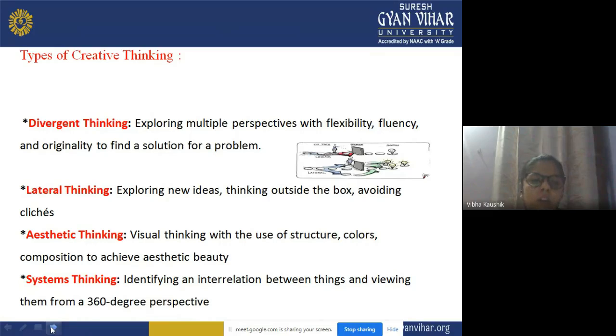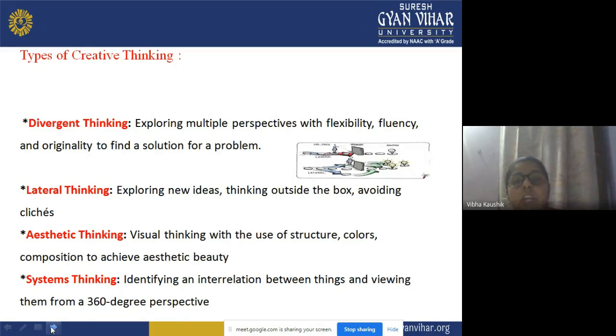We are exploring multiple perspectives with flexibility, means there will be no rigidness, with fluency and originality to find a solution for a problem. We are using different ways, different means to solve a problem.